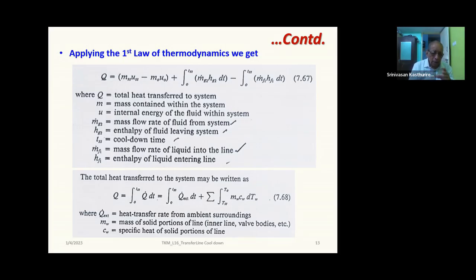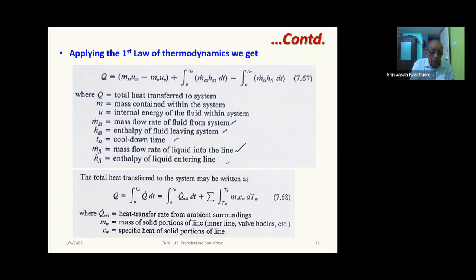That is an accumulation of the heat transfer rate over a time period from 0 to T_SS. So Q dot is the heat transfer rate, and you integrate it from the initial time 0 to the final time T_SS. So that's it.